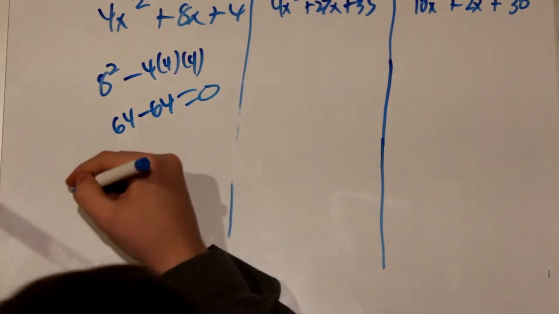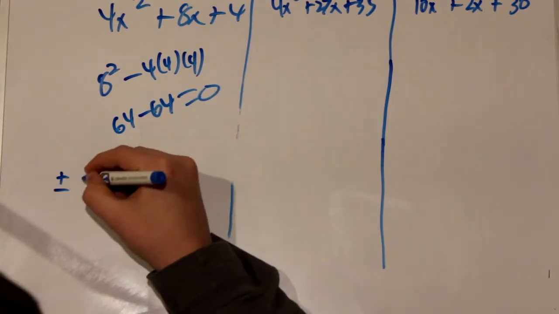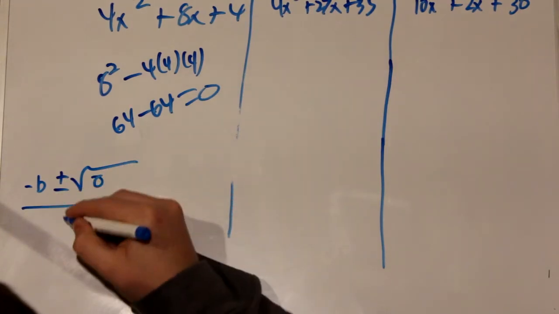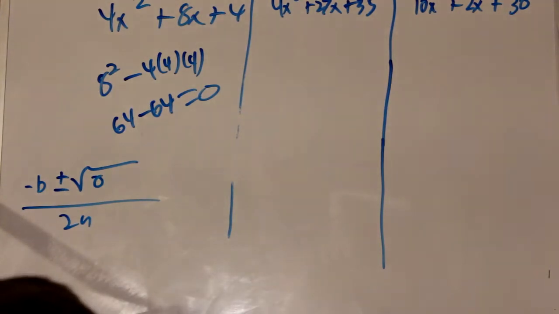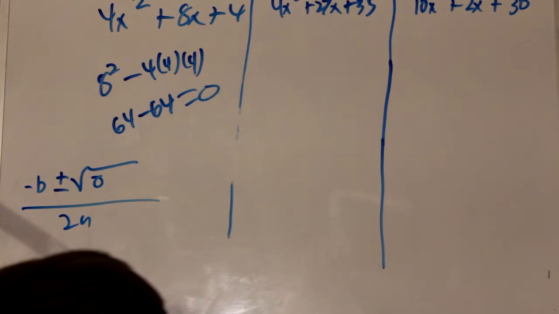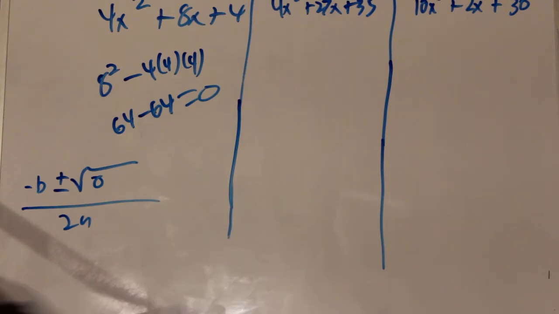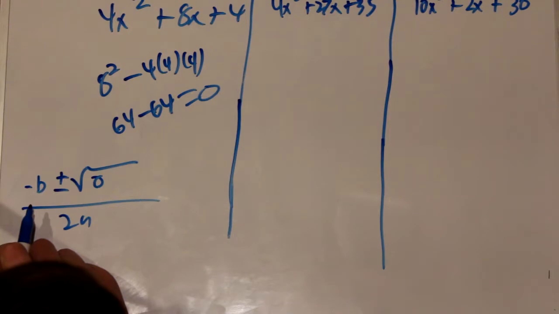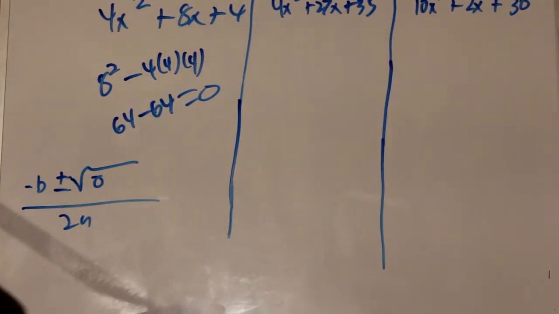If we plug this in to the rest of it, and since the square root of 0 is 0, no matter what b or a is, it will still have the same answer. No matter what, it doesn't matter if you add or subtract, it will still be the same answer.